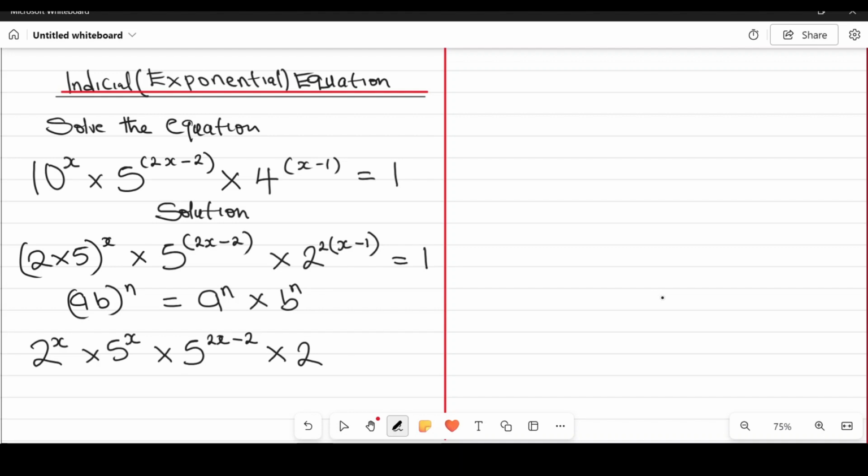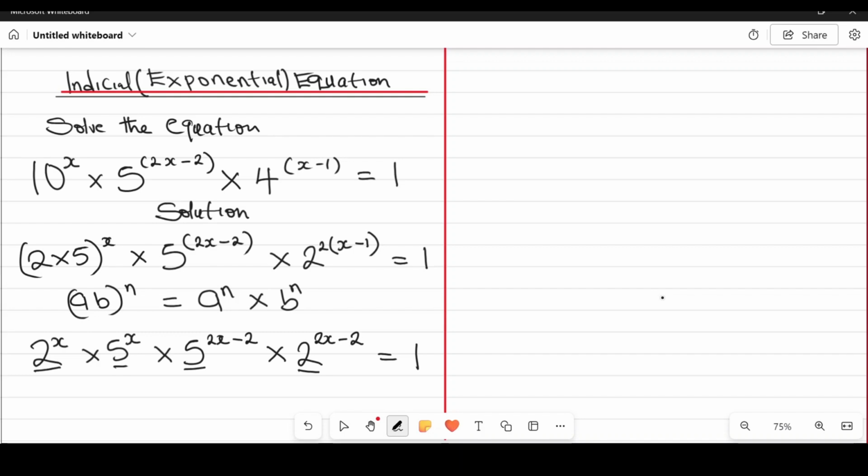If I use the index of 2 to open up the bracket, I will have 2x minus 2 equal to 1. We have 2 and 2 here as bases, and we have 5 and 5 here as bases.